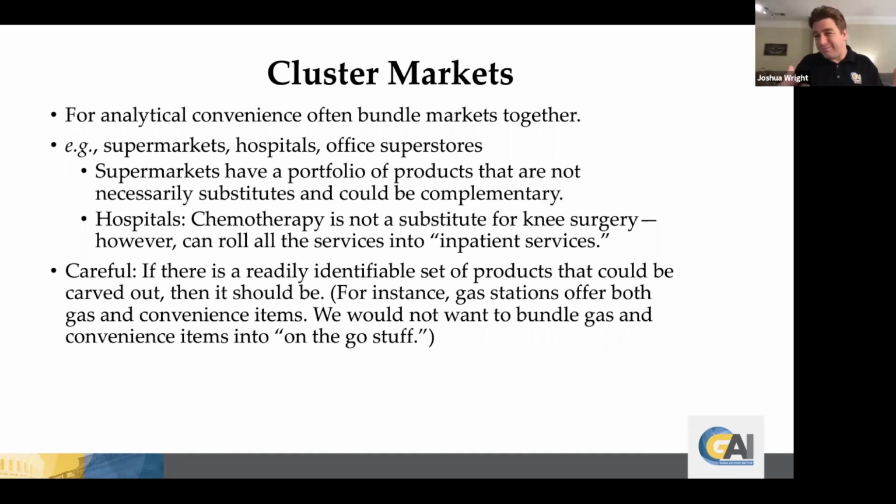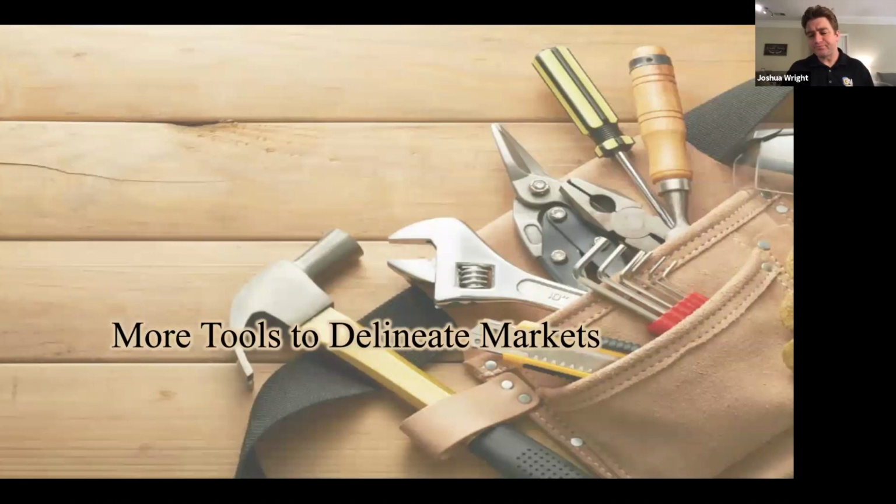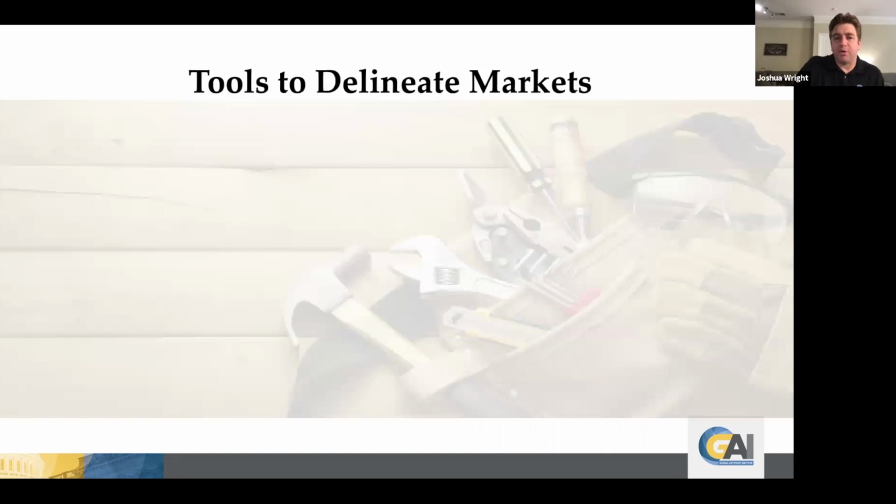And so I'm really looking at a bundle of complex products that are complementary. That happens a lot in hospital merger cases where it's really the suite of services being offered. So just to put that out there for you, cluster markets are something that we use sometimes for analytical convenience in certain merger cases. And in later lectures with some more advanced applications, we can talk about when it's appropriate and not appropriate to use cluster markets.